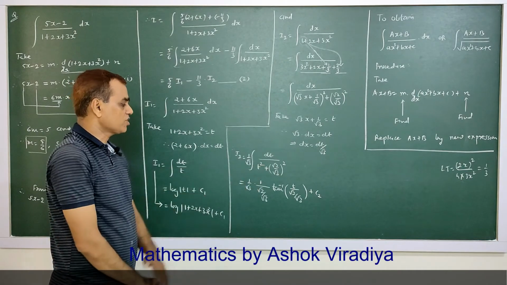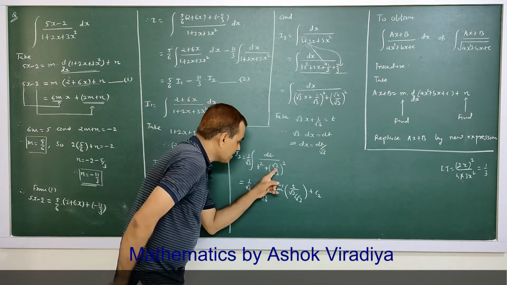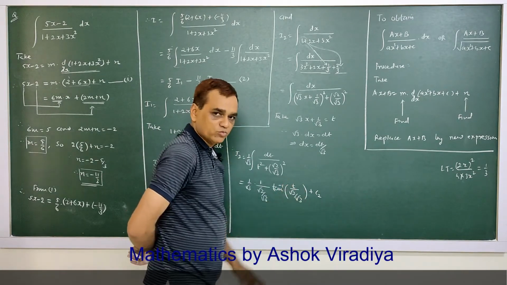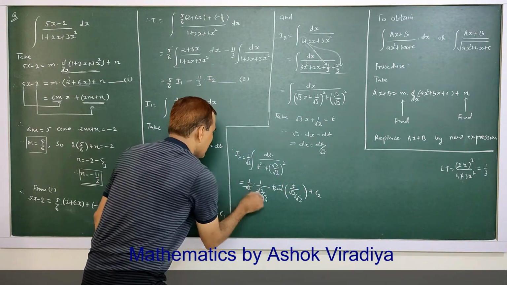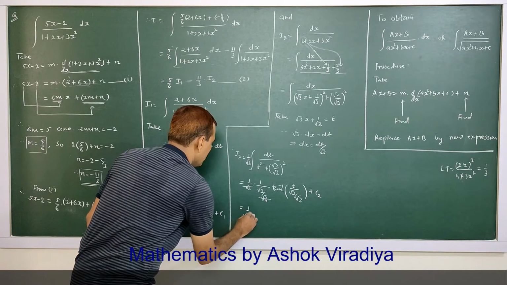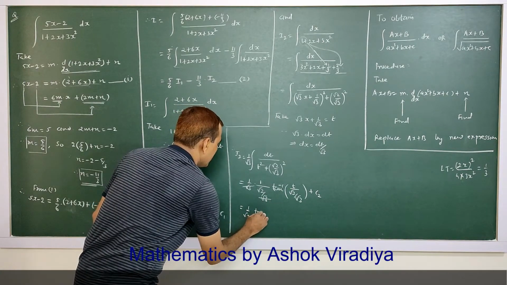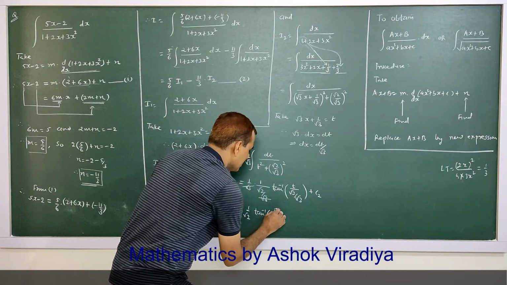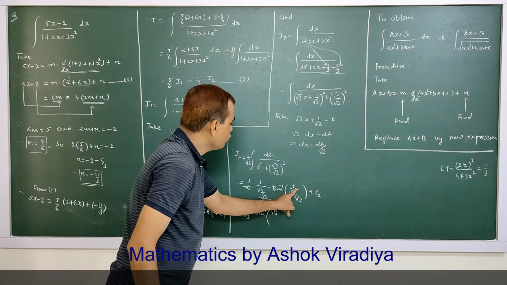C2 is arbitrary constant. So this is then 1 upon root 2 tan inverse root 3 by root 2 into t.